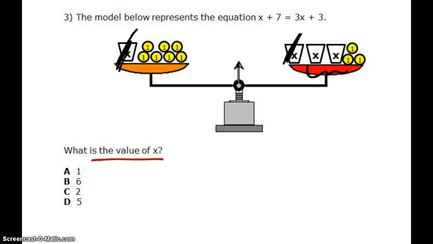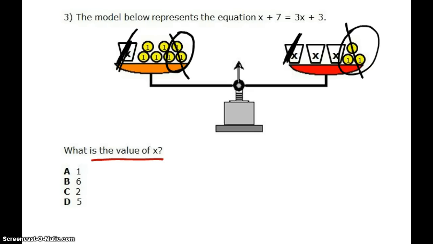That way, we only have x's on one side, because we need to get x's by themselves to figure out what they equal. Now, the next step is to isolate those x's. The problem here is that we have 3 positives attached to those 2 x's. So, if we remove 3 positives over here, I also, to keep it balanced, have 3 positives over here that I can remove.